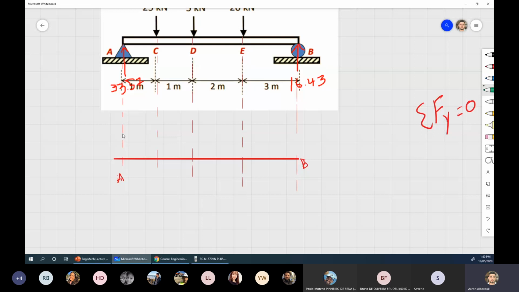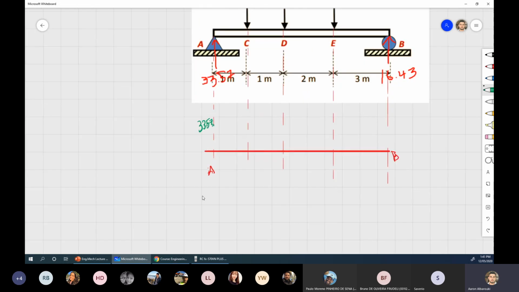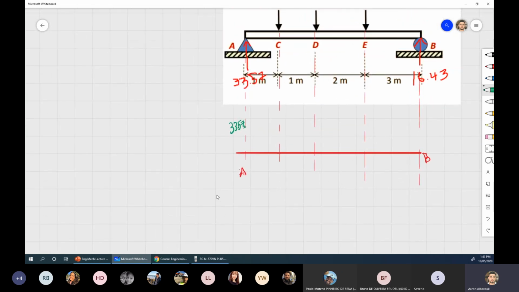If this square is 25, that means 33 will be somewhere halfway through the second square, up to here. That's 33 point, roughly. That's what I'm saying, it's a rough scale. So that would be 33.57. Okay, all good. So that's my starting point.